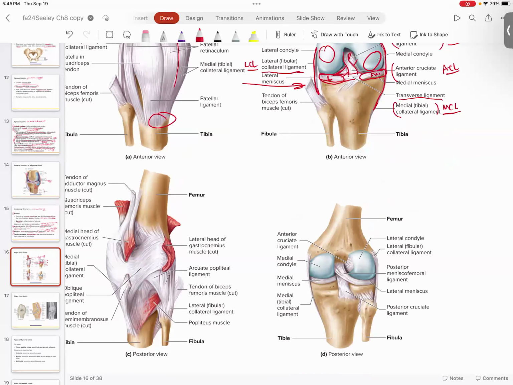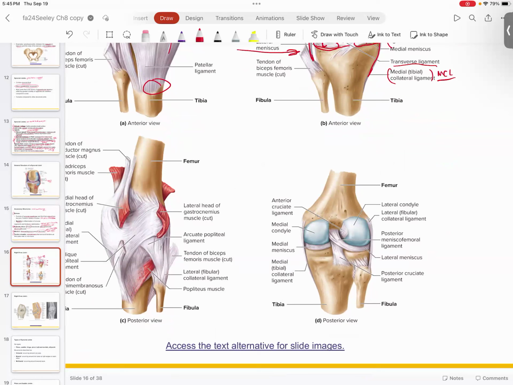Now, if you flip it around to the posterior view, this is the back side, so now we're going to see much clearer the posterior meniscofemoral ligament. You can see this one right here is connected to the femur. It wraps around to the lateral meniscus and connects the meniscus to the femur. That's why it's called the meniscofemoral ligament.